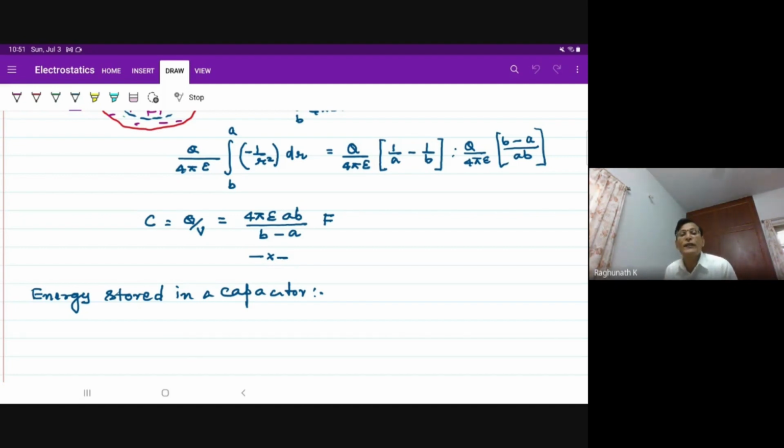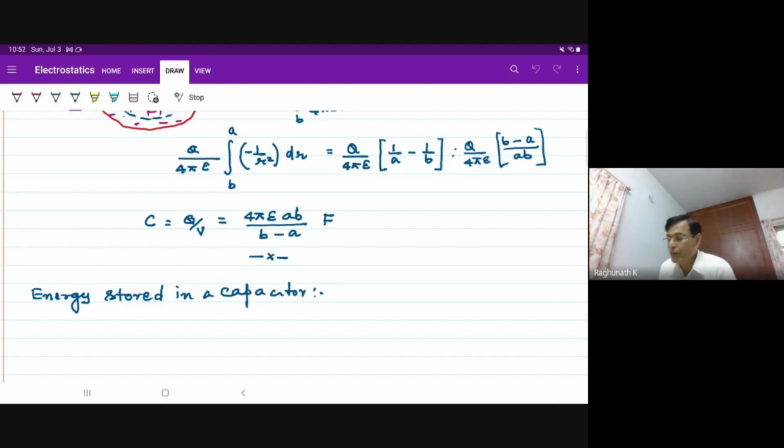If we transfer the charge, transfer electrons from one conductor of this capacitor to the other, one conductor starts getting positive charge and the other conductor starts getting an equal amount of negative charge.